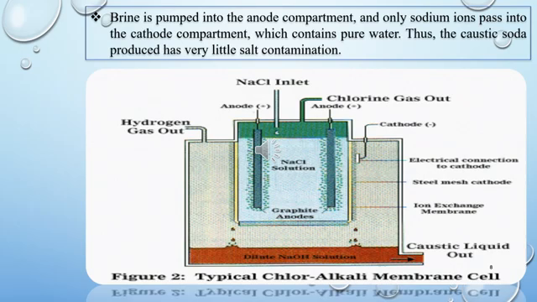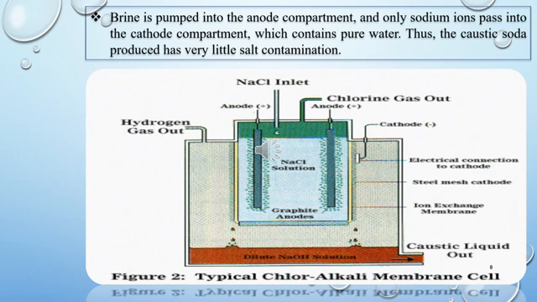So here is the representation of the chloralkali membrane cell. Brine is pumped into the anode compartment and only sodium ion passes into the cathode compartment, which contains pure water. Thus, the caustic soda produced has very little salt contamination. In this point, he said that as brine is pumped to the anode compartment, electric current will pass through it.